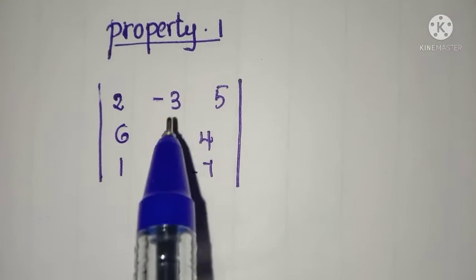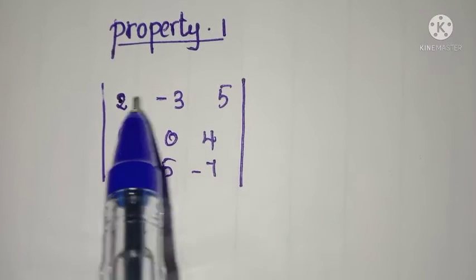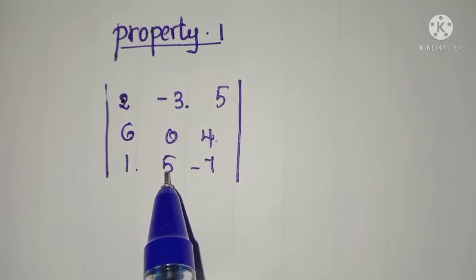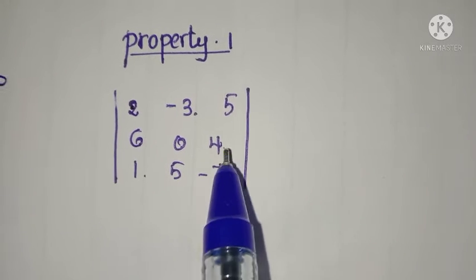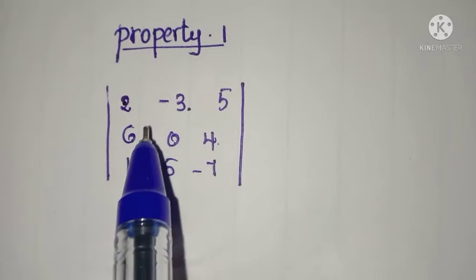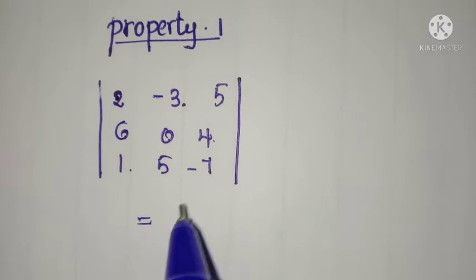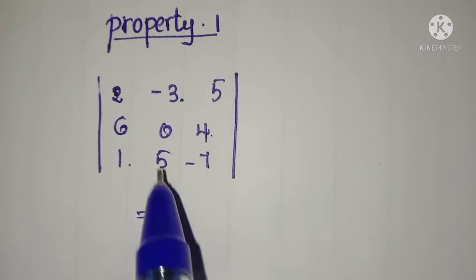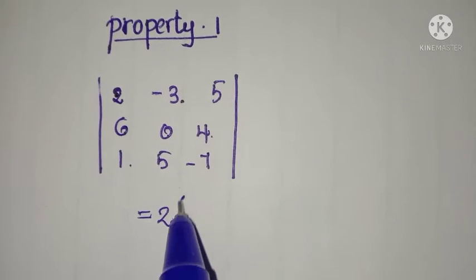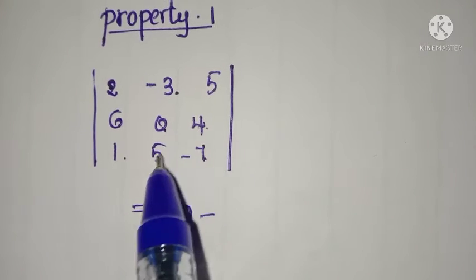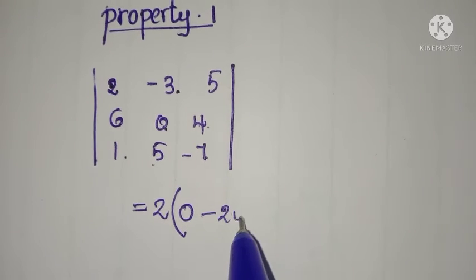Listen children. See this determinant: 2, minus 3, 5; 6, 0, 4; 1, 5, minus 7. Expanding the determinant along the first row, we get 2 into (0 into minus 7, 0, minus 4 into 5, 20).